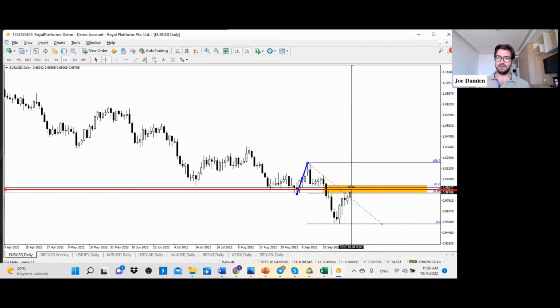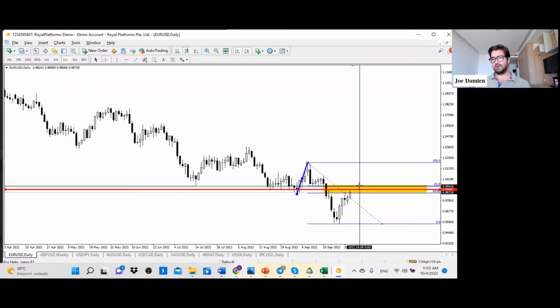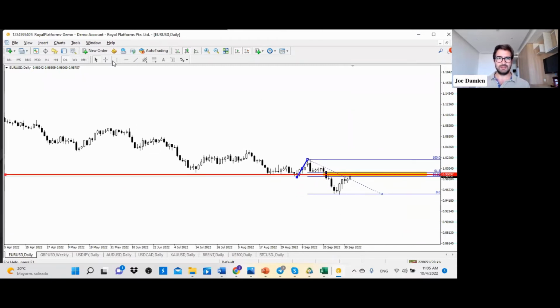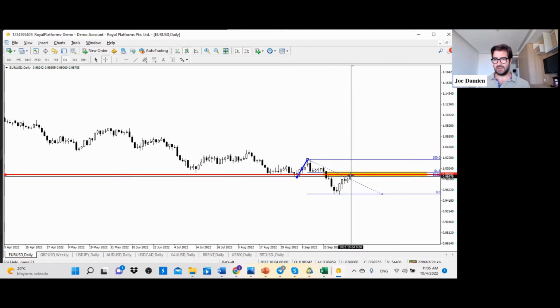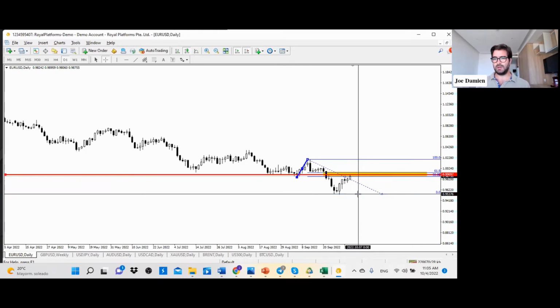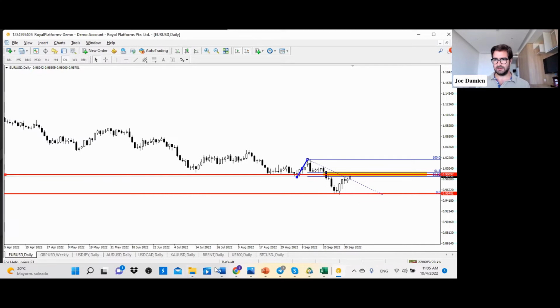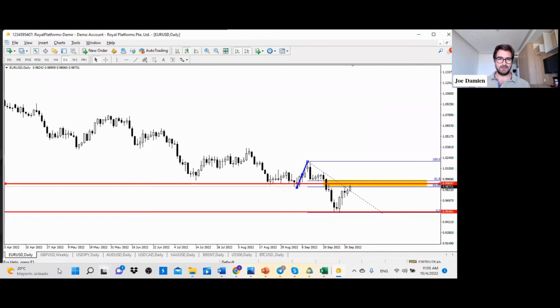Maybe a little bit of a move higher and then a move all the way down to this area, which is the previous low, 0.95. Okay, so I might see a move a little bit higher and then a drop all the way down until 0.9537 or 48, something like this, the previous low. So this is our analysis for EURUSD.